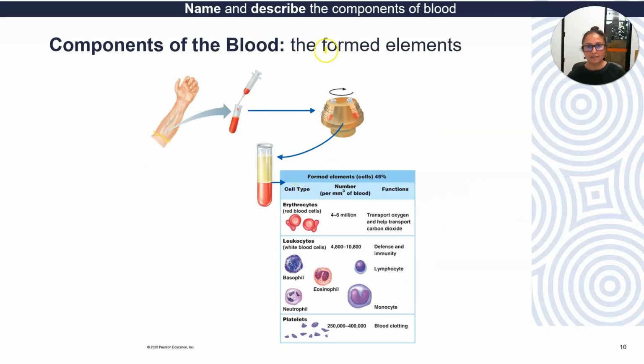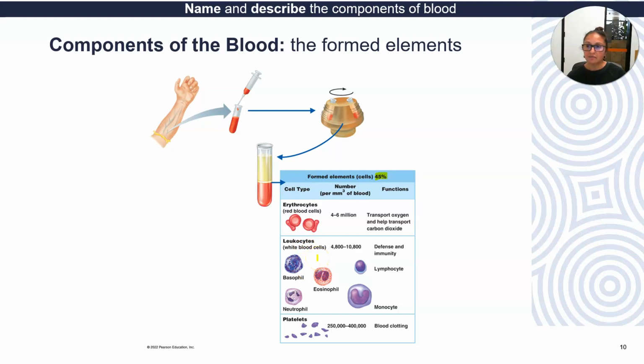Let's have a look at the formed elements. The formed elements make up about 45% of the blood. So what's in there? Well, we've got red blood cells. The correct name for red blood cells is erythrocytes. We also have white blood cells in our blood.